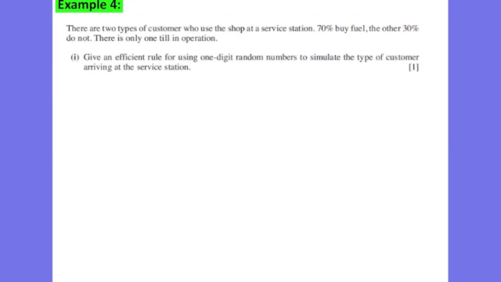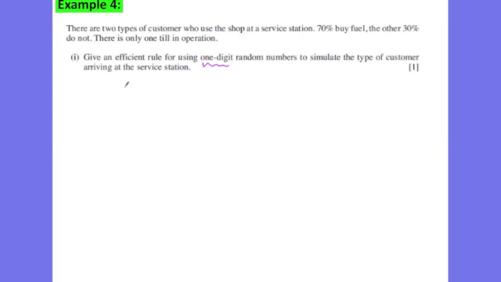There are 2 types of customers who use the shop at a service station. 70% buy fuel and the other 30% do not. There's only 1 till in operation. We're asked to give an efficient rule using 1-digit random numbers to simulate the type of customer arriving at the service station.